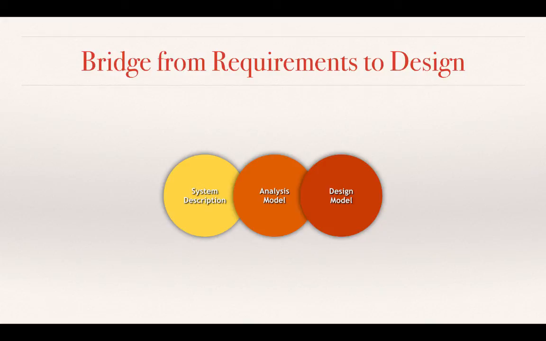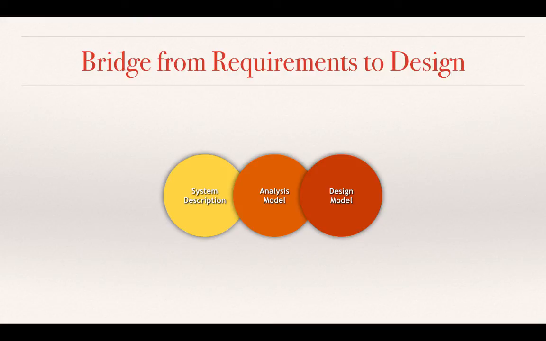A good way to view the analysis model is as an intermediate step between the system description, which is what you obtain from requirements gathering, and the design model, which is what your developers will use as a guide for implementing the system. In that respect, you can also see the analysis model, which is a way of formalizing the requirements, as a bridge between the customers who have the requirements and the developers who are ultimately going to implement those requirements.